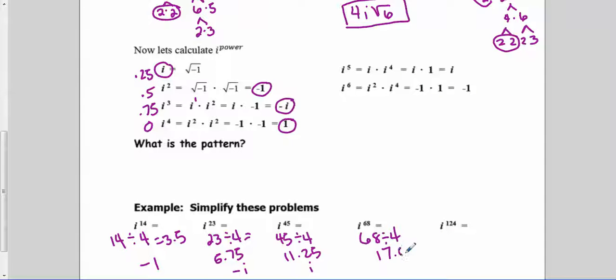So there's no remainder, so that's going to be 1. And 124 divided by 4 is 31. There's no remainder, and so that's also going to be 1. All right, let's turn the page.